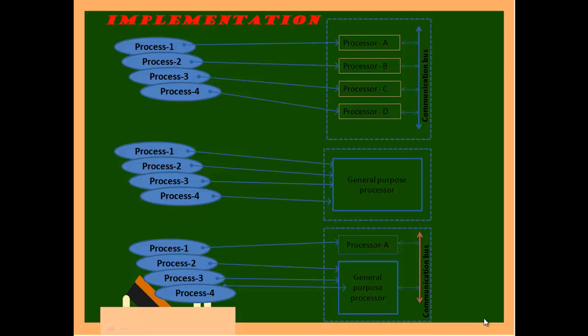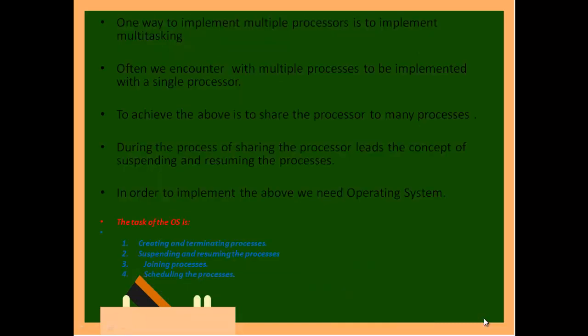Otherwise, if this one needs data, it has to ask separately, go to the other processor and get the information, whereas here the processor is the same, only memory location sharing. So that is what we mean to say. You go for a single processor and try to do your various processes in it.